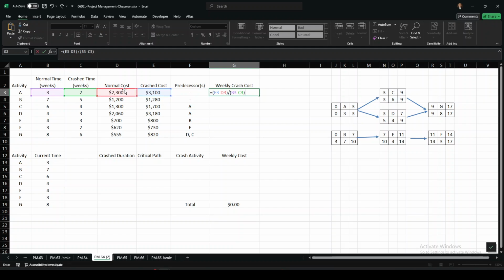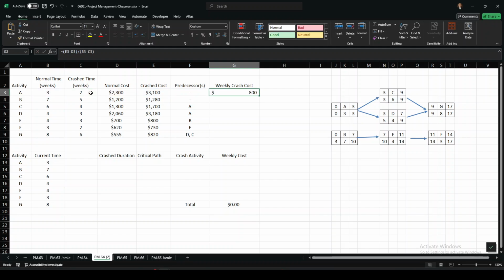And so we're going to divide the difference between the normal cost and the crash cost by the difference between the normal amount of time and the crashed amount of time. For activity A, we can only crash this 1 week. That's as much as we can. We simply cannot crash it any more than 1 week.